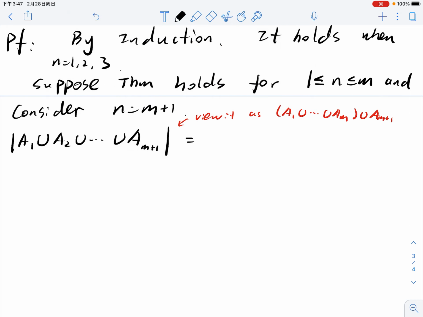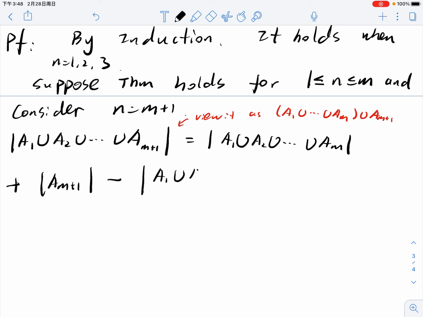Then you apply the formula once. You have the absolute value of A1 union A2 union all the way to AM, plus the absolute value of AM plus 1, minus the absolute value of A1 union A2 union all the way to AM, intersection AM plus 1.